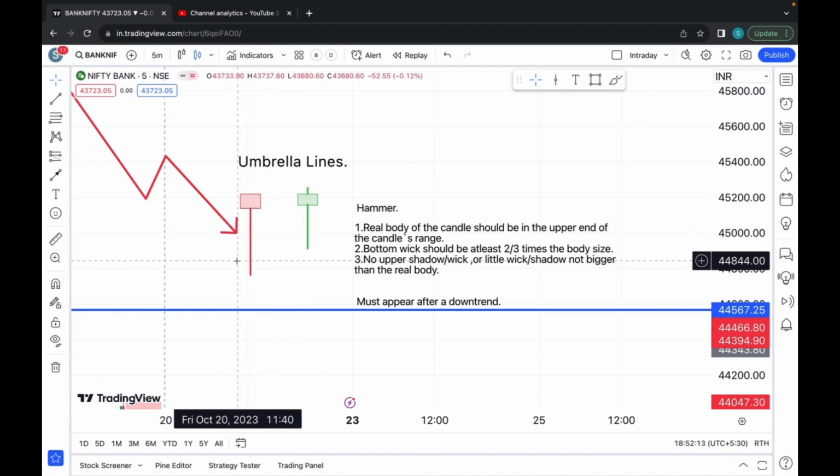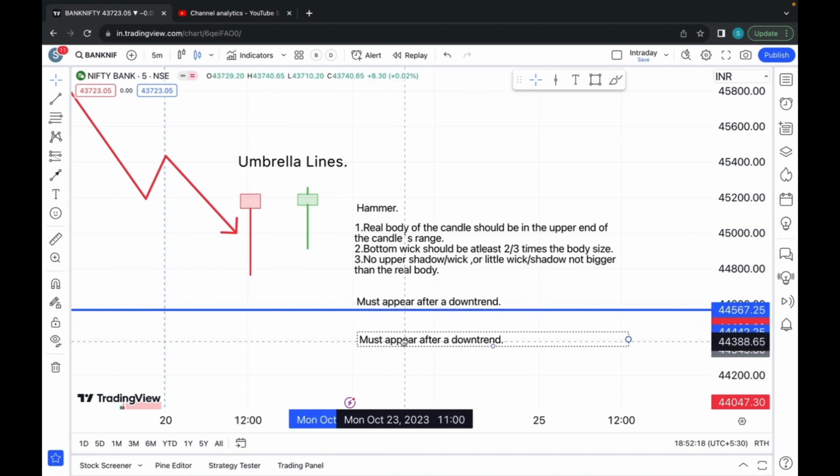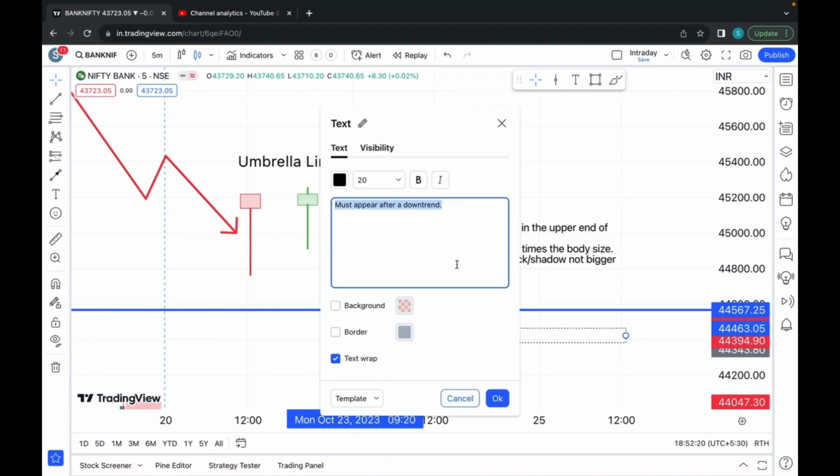Now, to make this candle workable, what we should look for is the location where this candle is forming. In other words, location is as important as the candle pattern.